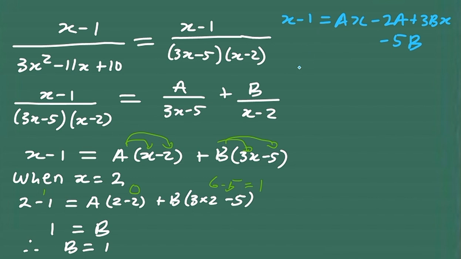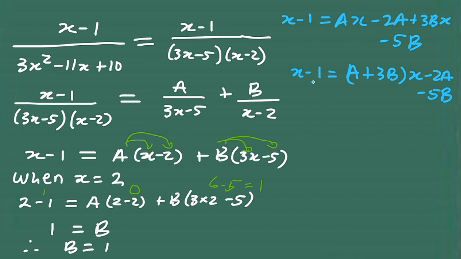Now grouping like terms, we have x minus 1 equals a plus 3b, times x, plus minus 2a minus 5b.